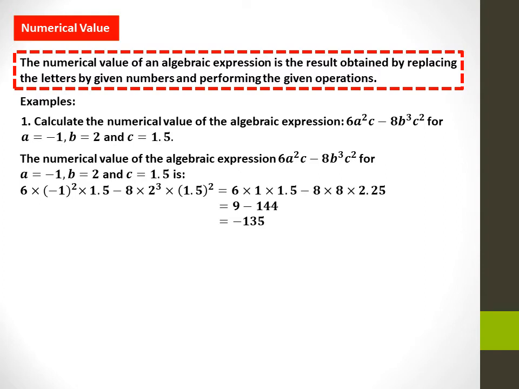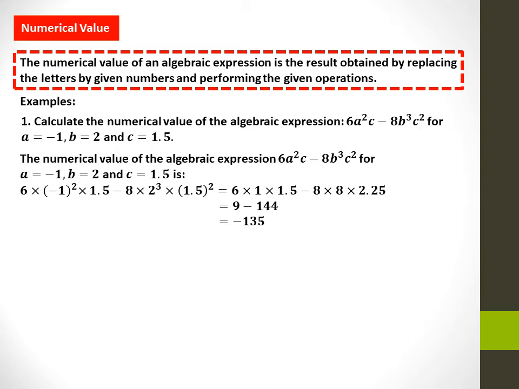The numerical value is 6 times negative 1 to the power of 2 times 1.5 minus 8 times 2 to the power of 3 times 1.5 to the power of 2. So I substituted negative 1 for a, 2 for b, and 1.5 for c. I start by finding the value of the exponents.